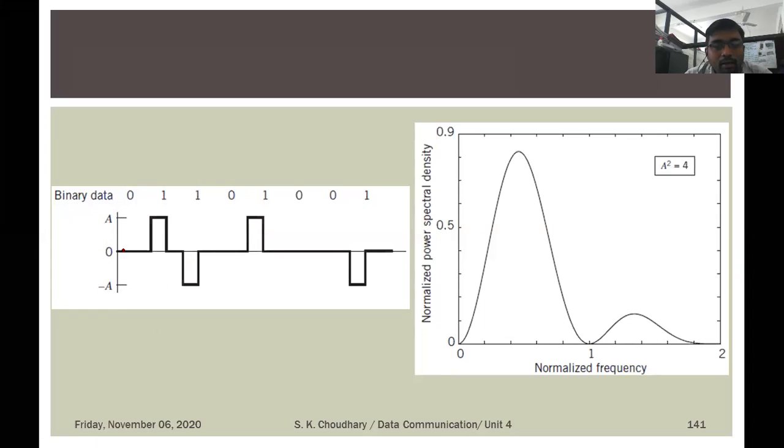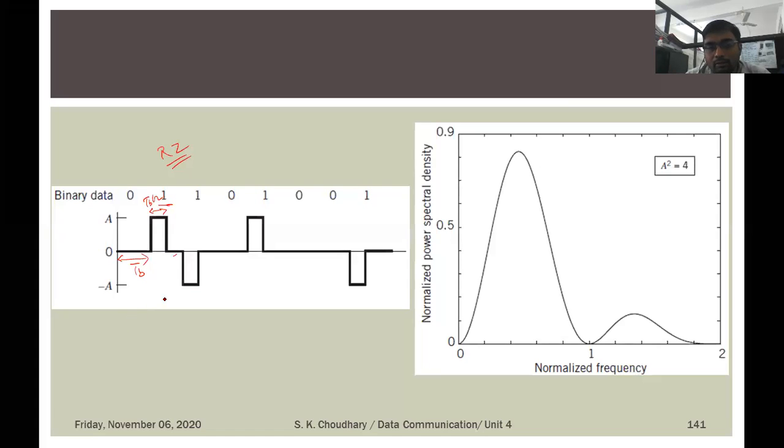As usual, binary 0 is represented as the absence of the signal, but for binary 1, for half of the bit, meaning TB upon 2, it remains at plus A, and for the rest of the half it goes back to 0 because it is return to 0 signaling.